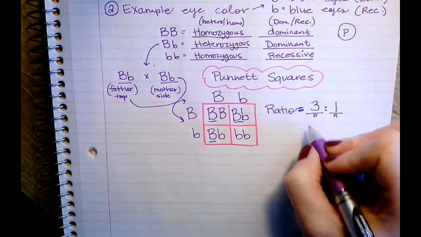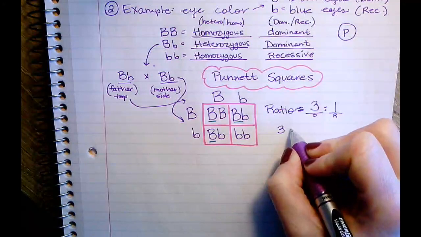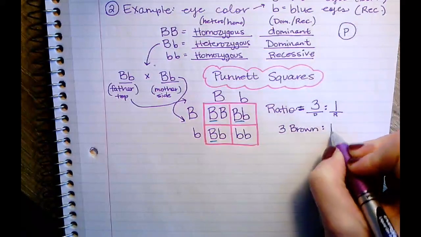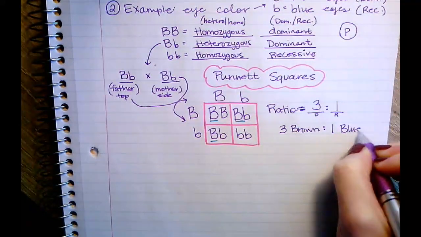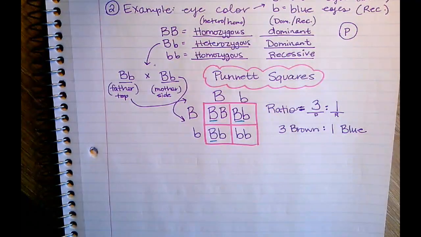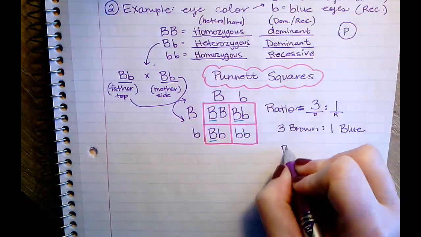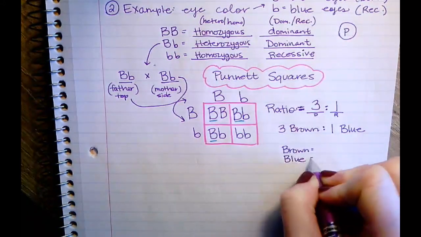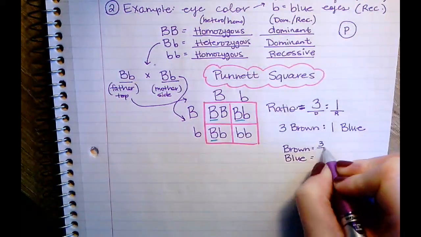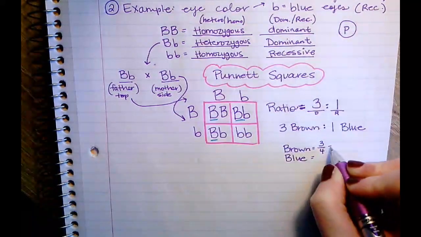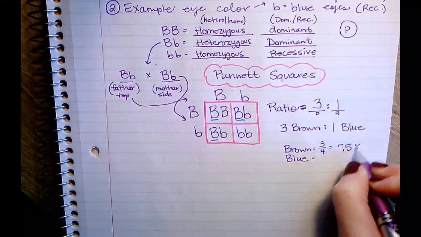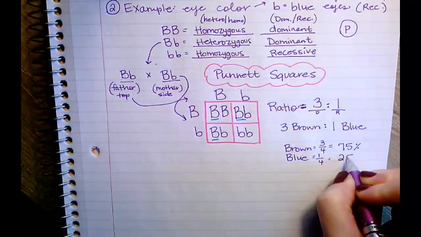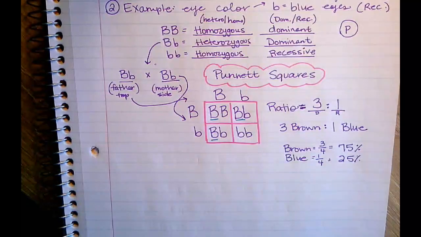So that would be 3 brown-eyed offspring to 1 blue-eyed offspring. Okay, now the percentage, so if I say brown versus blue, brown would be 3 out of the 4 boxes, which equals 75%, where the blue-eyed, that's only 1 out of 4, so that's a 25% chance of having a blue-eyed baby.